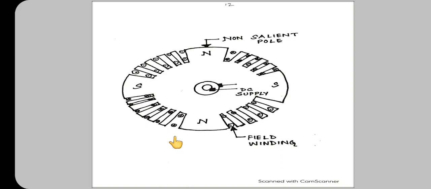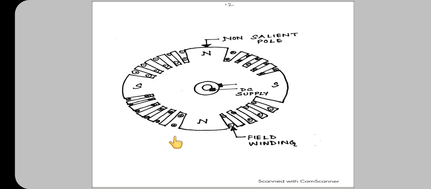High-speed alternators are driven by steam turbines and use a non-salient type rotor because this type of construction has mechanical robustness and gives noiseless operation at high speed.